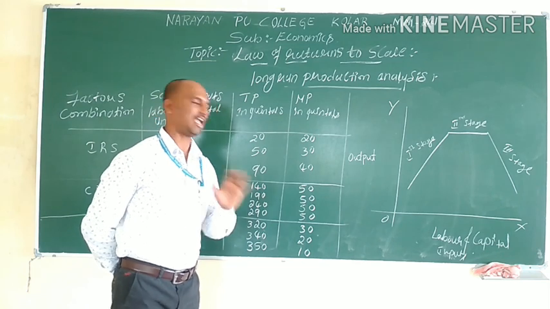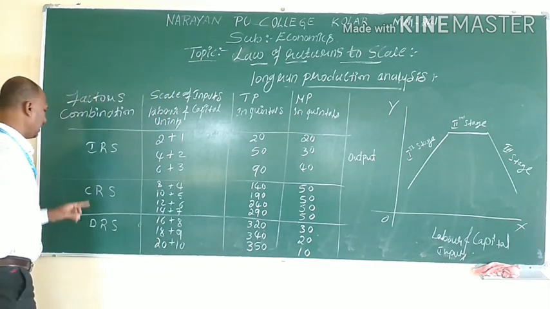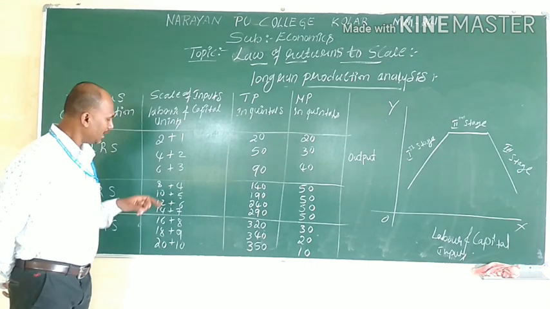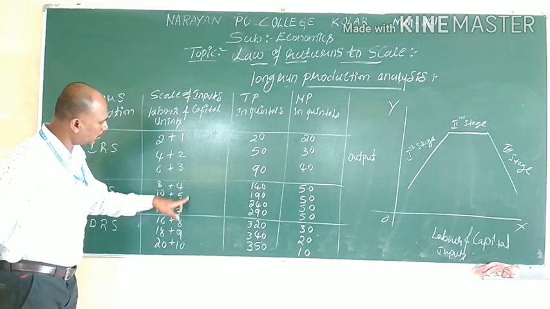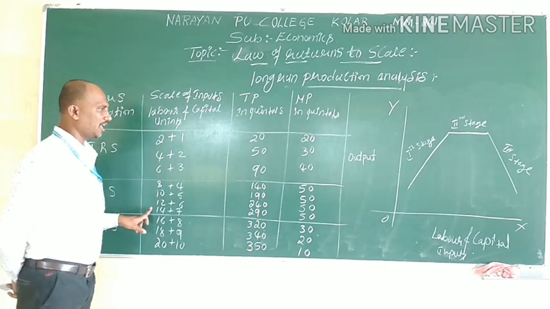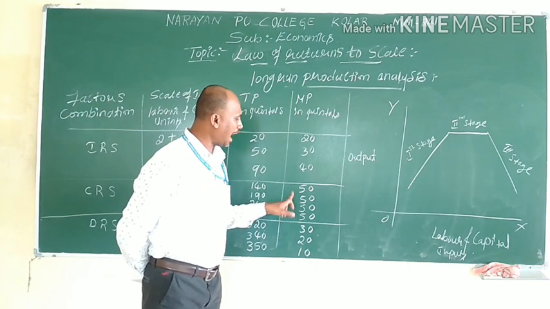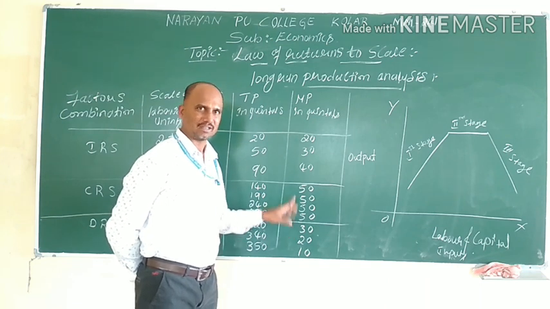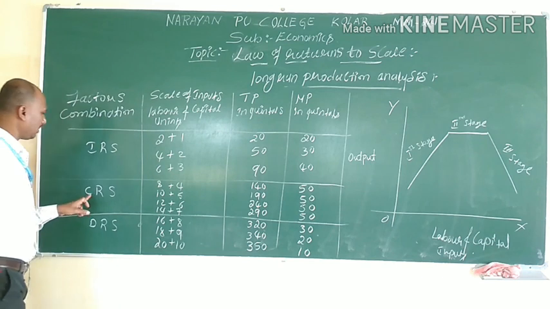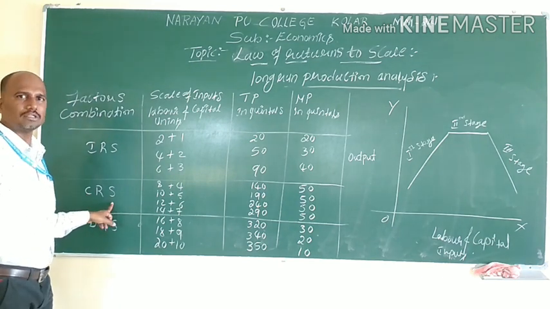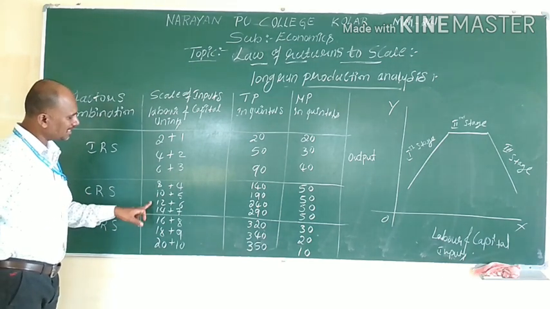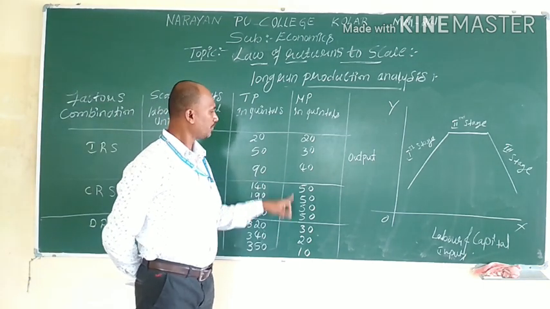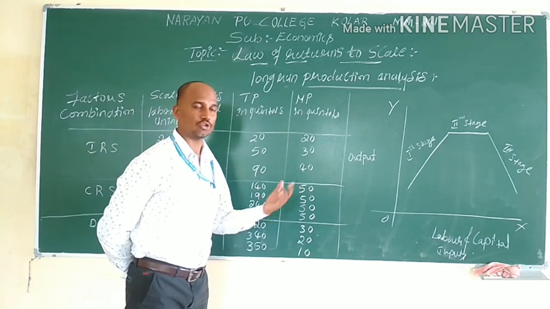And the second stage, constant returns to scale. What does it state? As the inputs increase, output also increases. Once again, under constant returns to scale, as inputs increase, output also increases; 40 to 50, it's an increase only.